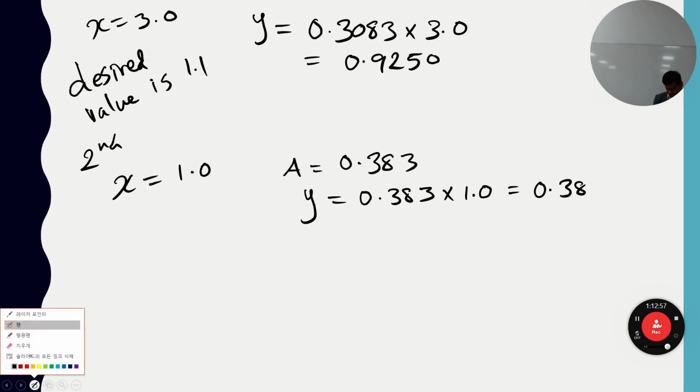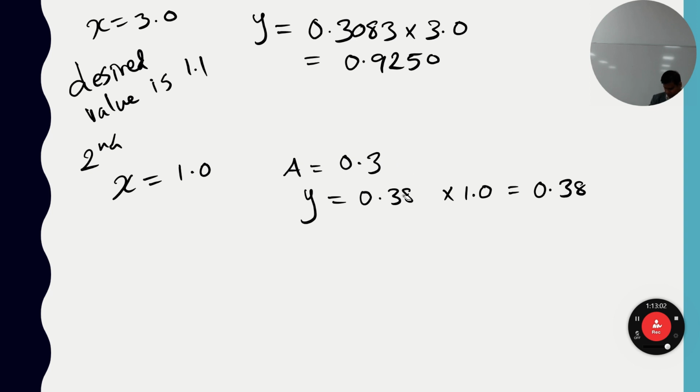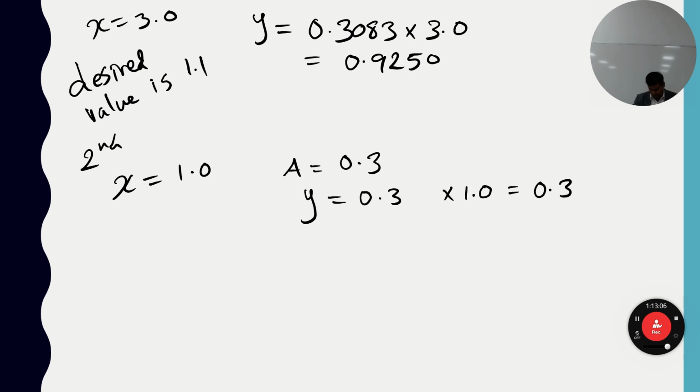I made a mistake earlier, it should be 0.3083.